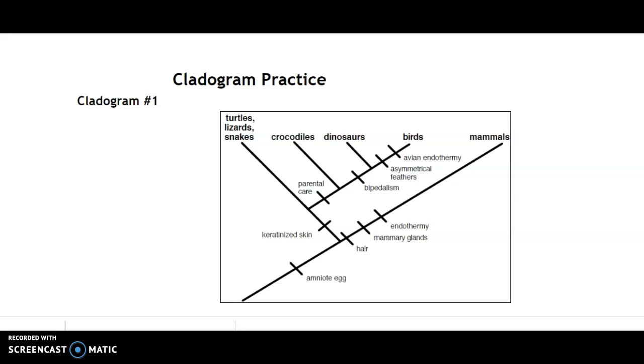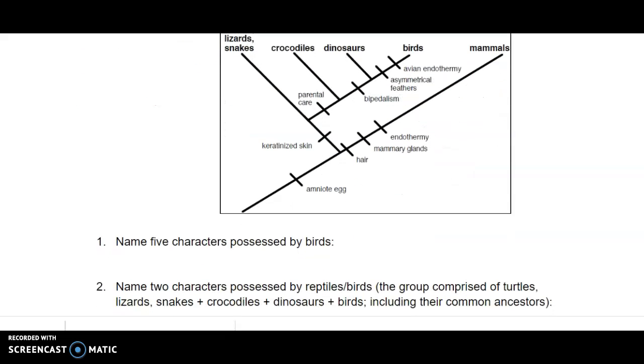So let's see what our questions look like. Number 1 says name 5 characteristics possessed by birds. So anything that came before the bird would be a characteristic of bird. At this point, you could list avian endothermy, asymmetrical feathers, bipedalism, which means standing up and walking on 2 feet, and parental care.